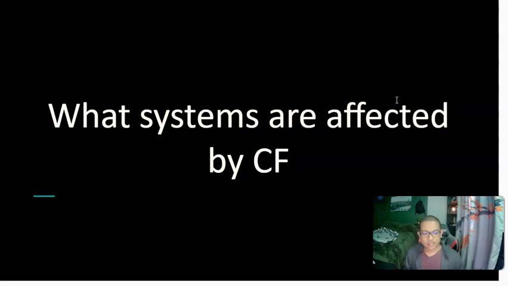Now, I've shown you what it does and how it works. But the big question that people will notice the most will be what systems are affected by CF. What body systems truly are affected by this mutation on chromosome number 7? There are 3 major systems within the body that are affected because of cystic fibrosis.